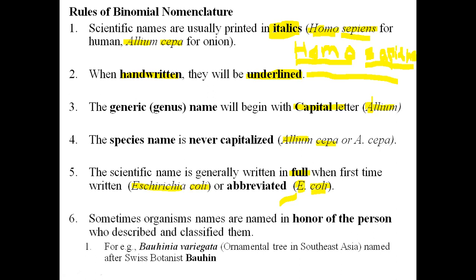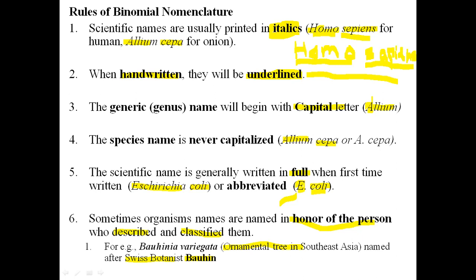Sometimes organism names are given in honor of the person who first described and classified them. Bauhin was a Swiss botanist, and he first gave a name to this ornamental tree which is grown in South Asia.